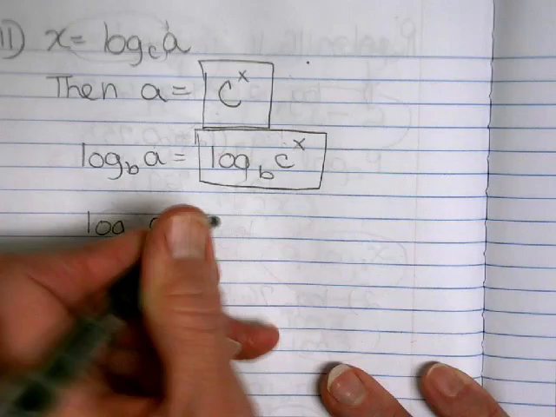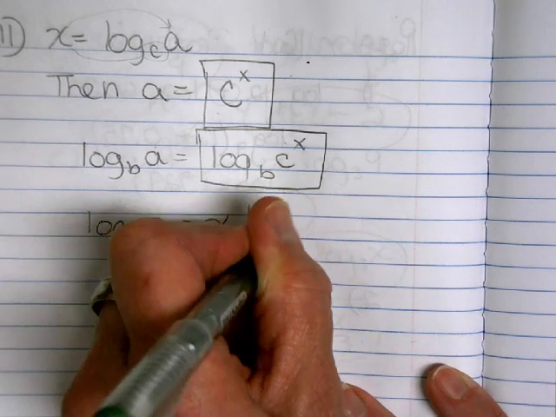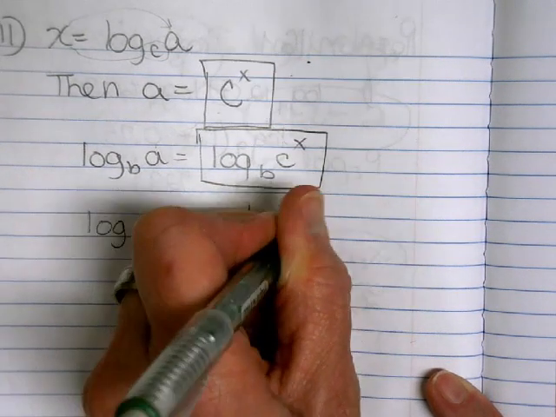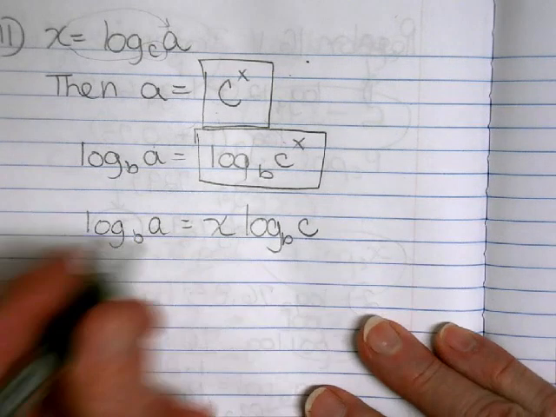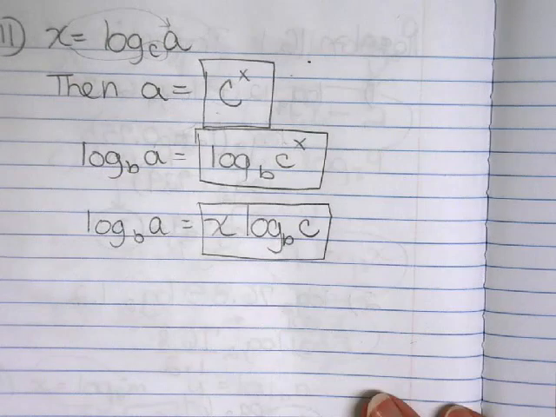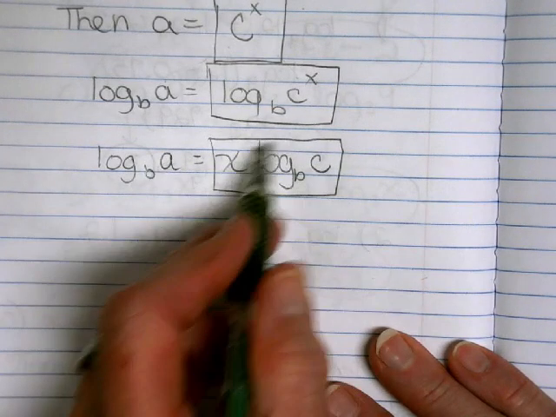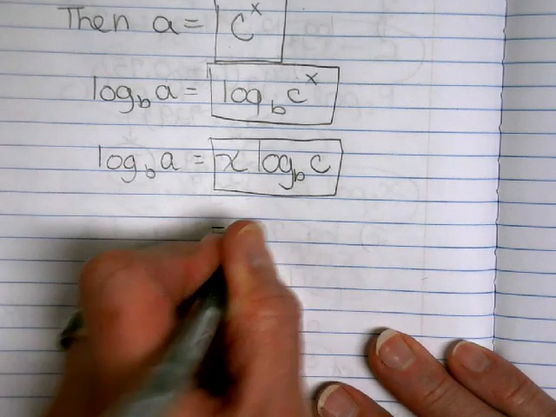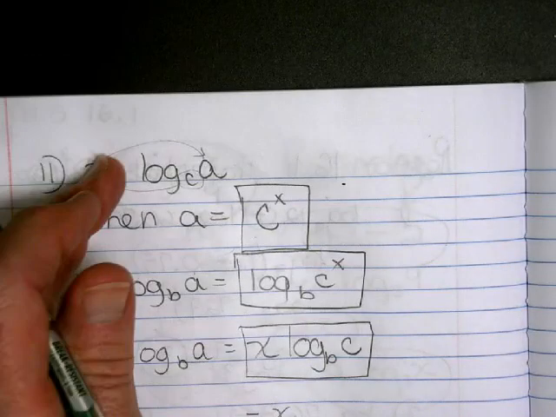Now I can rewrite this one more time with x out front by the power property of logarithms. Where am I headed? I'm going to solve for x. That means I have to divide both sides by the log base b of c.